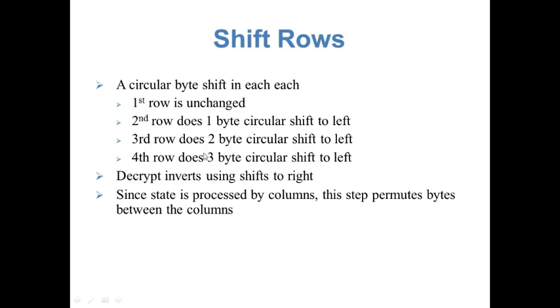When decrypting, it performs the circular shifts in the opposite direction for each row. This row shift moves an individual byte from one column to another, which is a linear distance of a multiple of 4 bytes, and ensures that the 4 bytes of one column are spread out to 4 different columns.